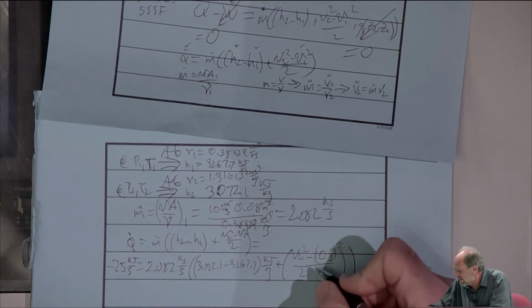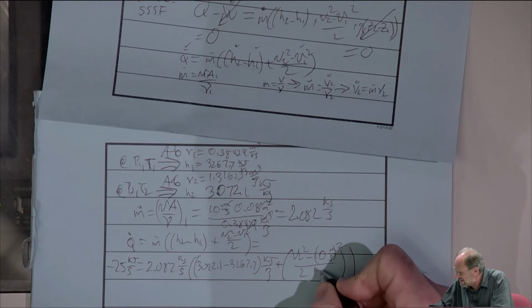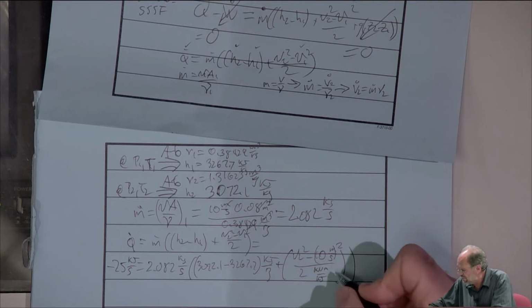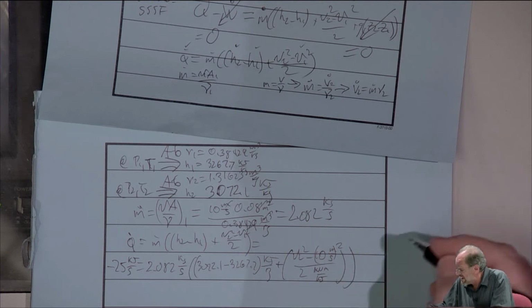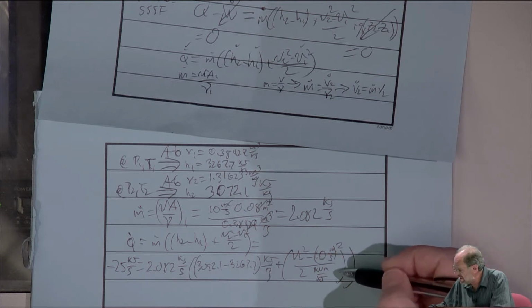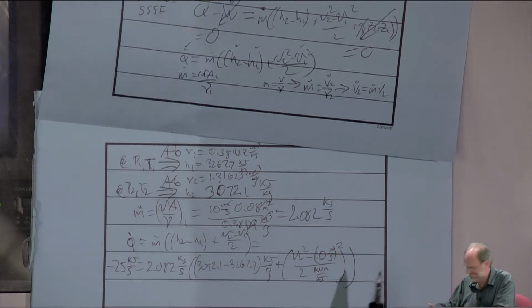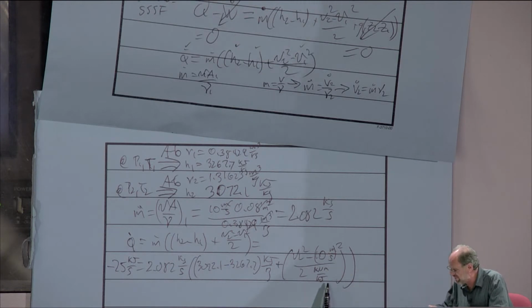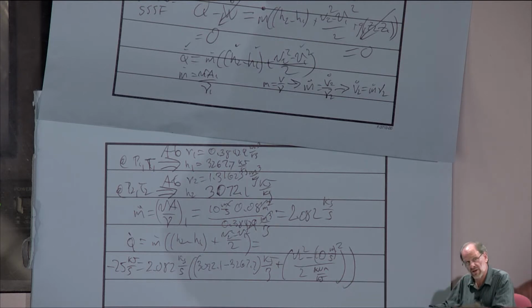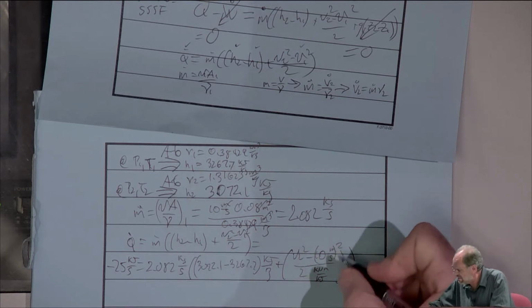We know that a kilonewton meter is a kilojoule. We know that, let's see, what am I missing? A newton is a kilogram meter per second squared.